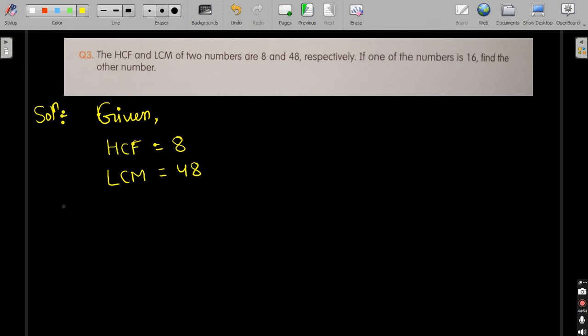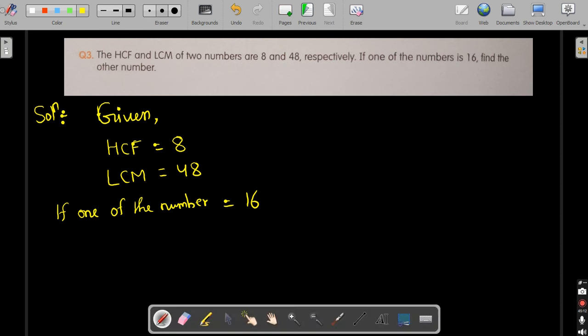Now if they are telling that one of the numbers, either number 1 or number 2, is 16, then for the other number we need to apply the formula and check whether we get the same answer or not. Okay, now let us apply.